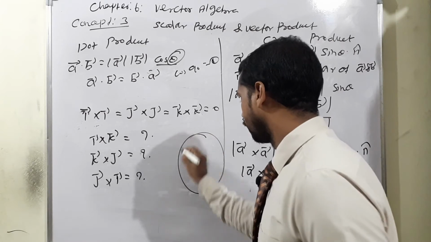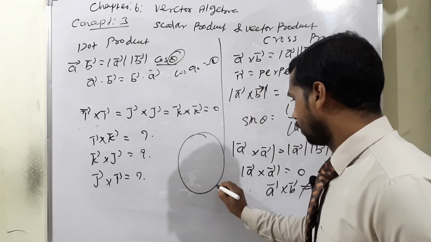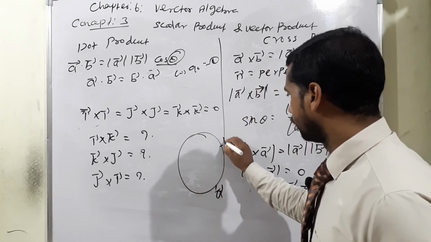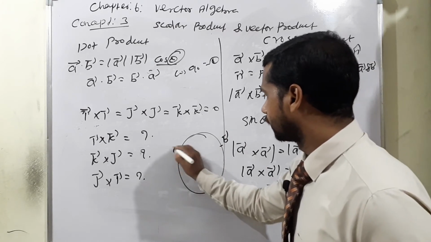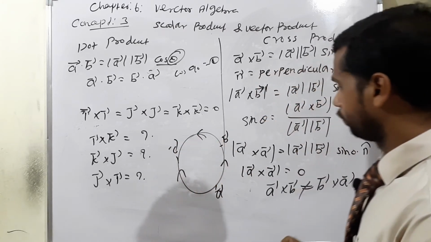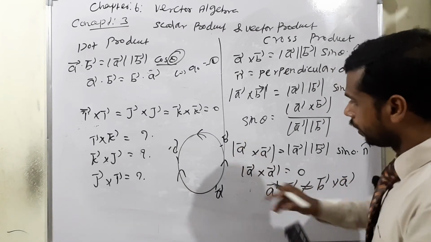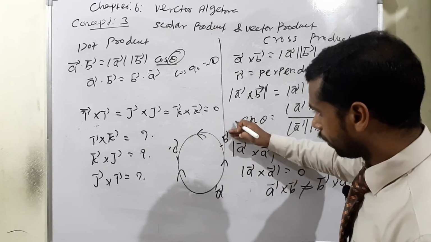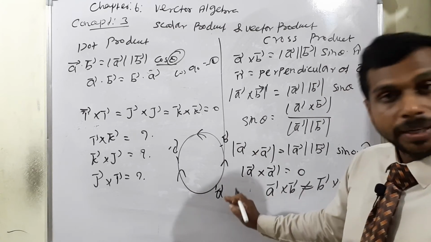If we have one circle for the cross product, this is considered for a vector, this is considered for b vector, and this is considered for c vector. Look at the arrow, a to b is going in the positive direction, but b to a means it will come in the negative direction.